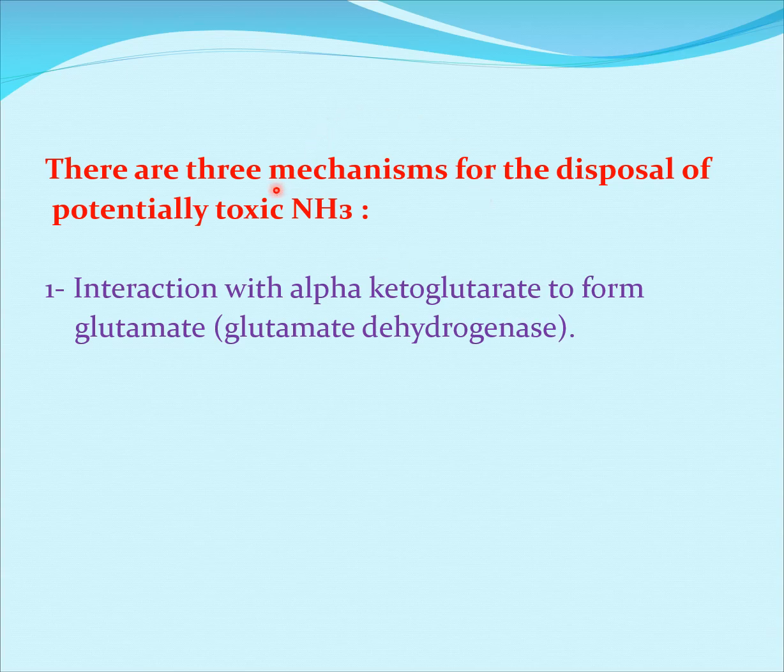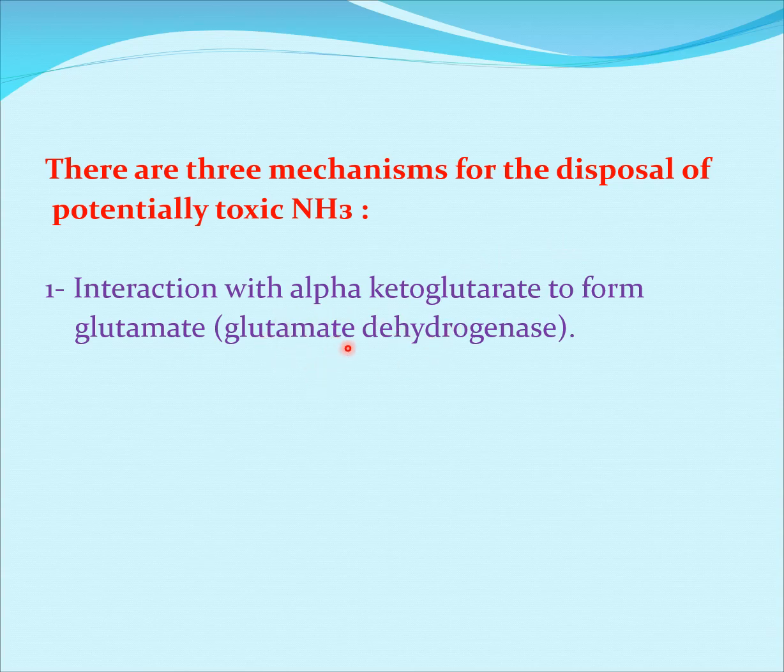And so, how can we dispose of this potentially harmful ammonia? The first way is interaction with alpha-ketoglutarate to form glutamate by glutamate dehydrogenase. We know that glutamate dehydrogenase can convert alpha-ketoglutarate into glutamate by combination with ammonia. Of course, this is not the ammonia produced by the same enzyme.